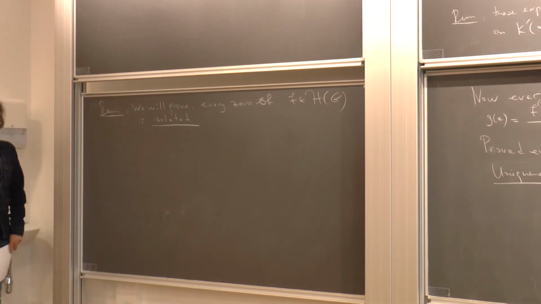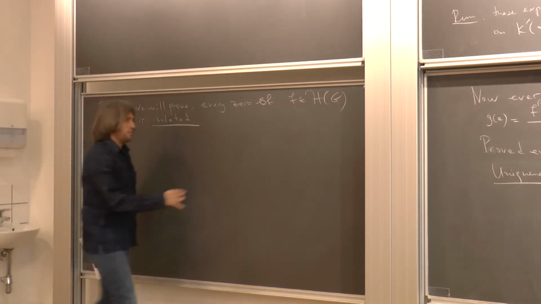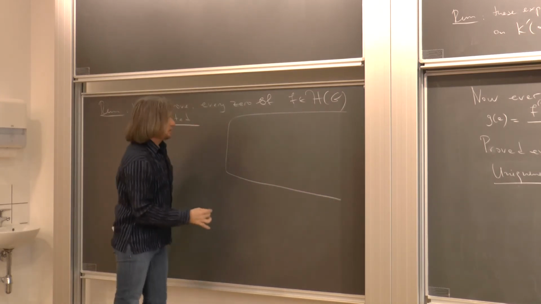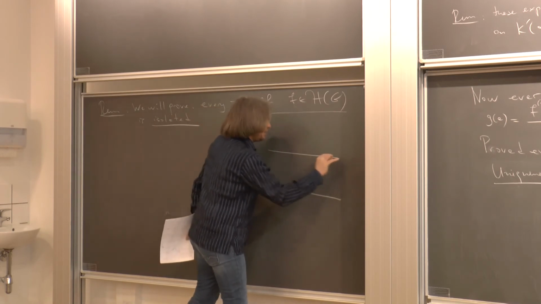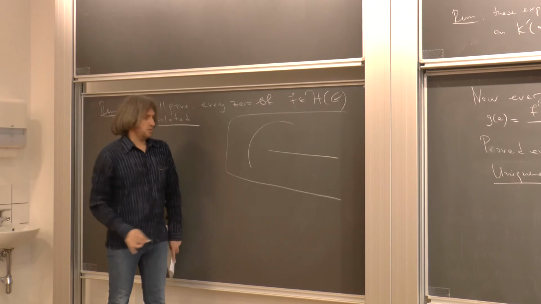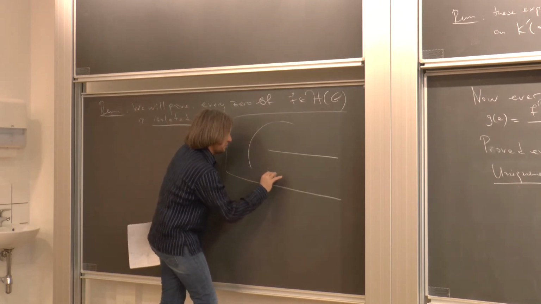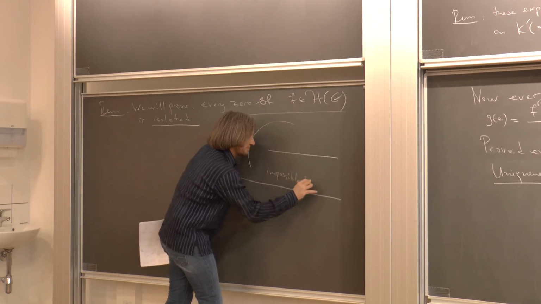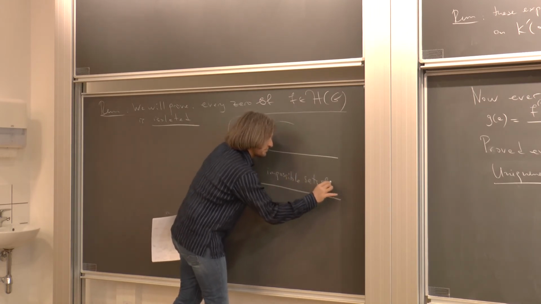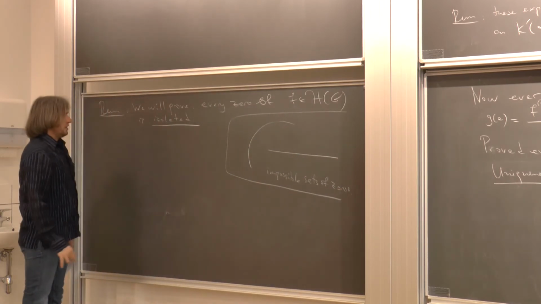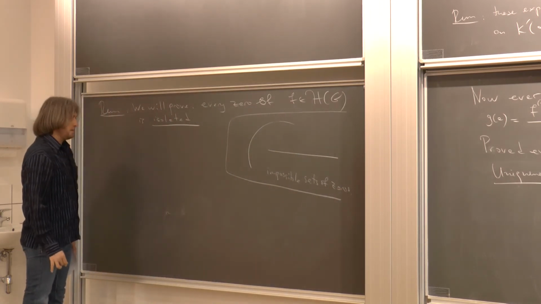So, in other words, the following situation is impossible. There's no holomorphic function which takes 0, say, here, or whatever. So impossible sets of zeros. Okay.